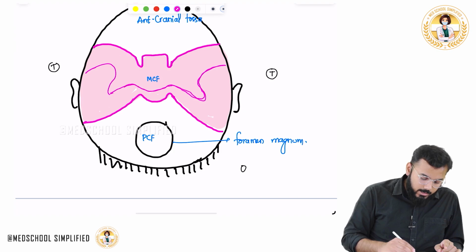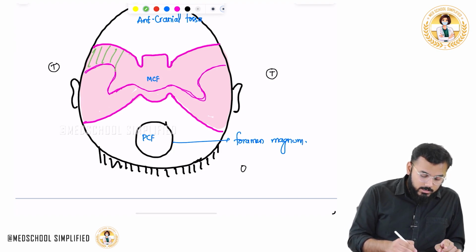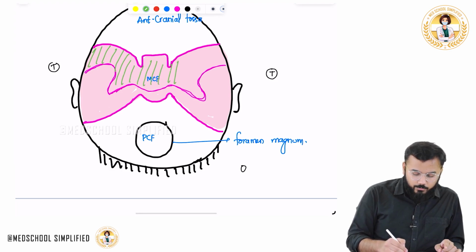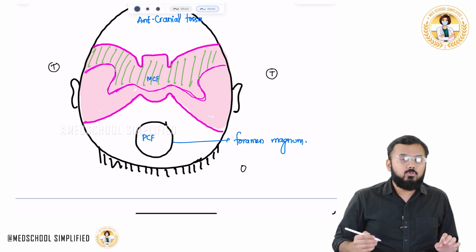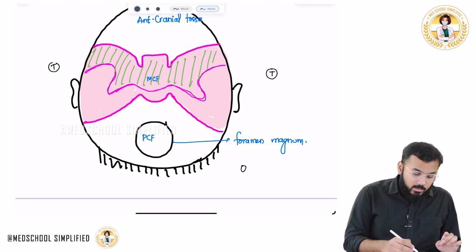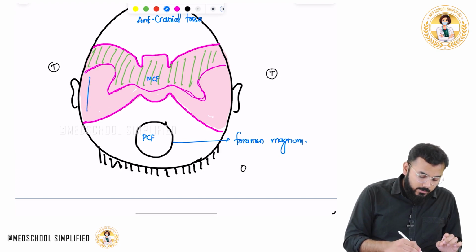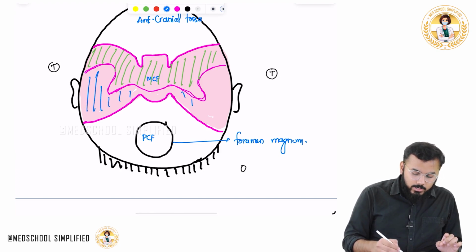So this part solely is your sphenoid bone. Now after this sphenoid bone, the part on the back of that is the temporal bone. See this part which I am highlighting with blue, this is your temporal bone.